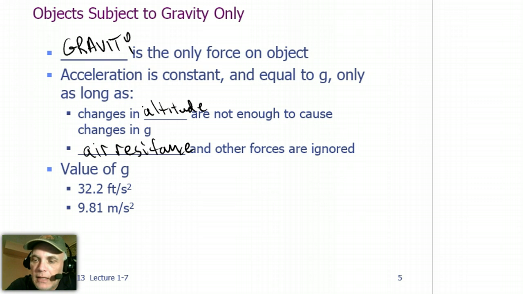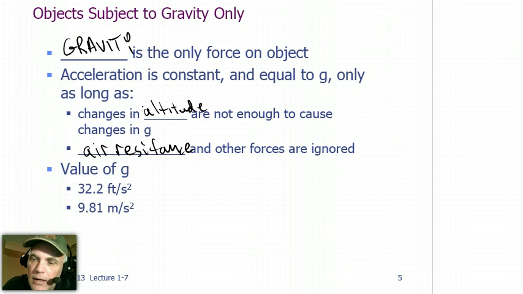You'll learn next semester that g is actually a function of the distance from the center of the Earth. So if you have big changes in elevation or altitude, g actually varies quite a bit as you go up towards outer space.